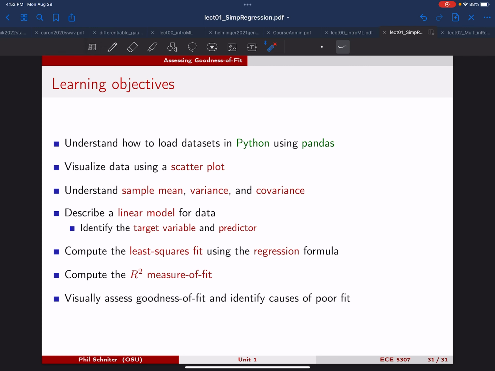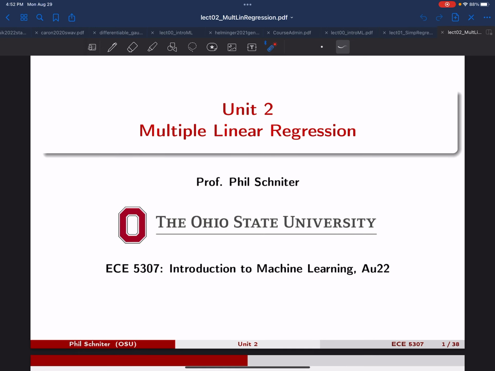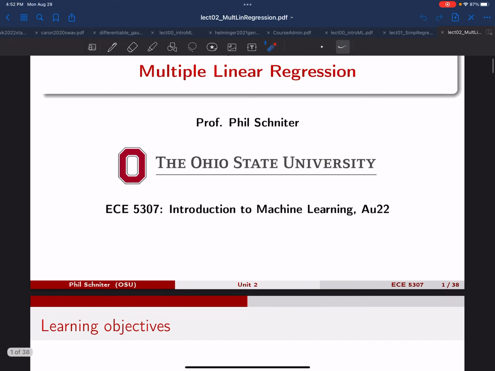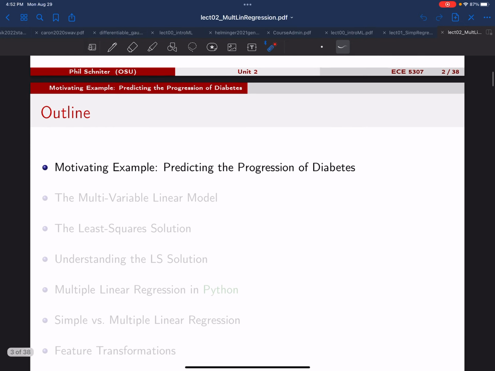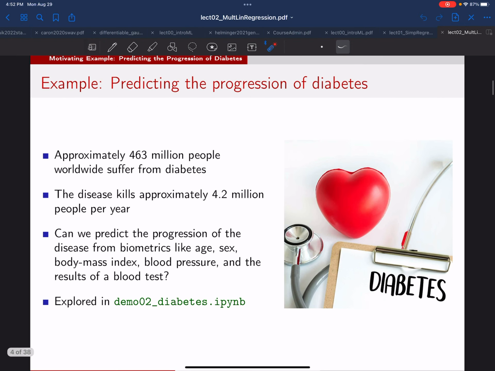The next unit, multiple linear regression, is very similar in spirit. It's just mathematically extending to more than one prediction variable. That's all. So we're going to see a lot of the same concepts. We're going to have a different data set, one that has several variables, and it's this diabetes data set, which is a very popular data set for intro machine learning courses.